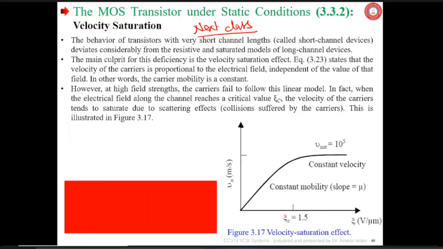So then this effect is only in short channel MOSFET? Yes, short channel MOSFET. Nowadays, MOSFETs are very small, even less than 20 nanometers, whereas earlier it was 20,000 nanometers. So during those days, these effects were not pronounced.